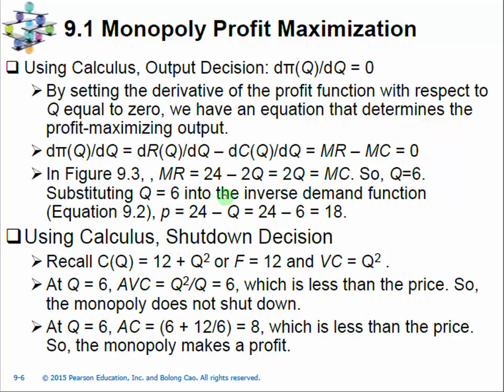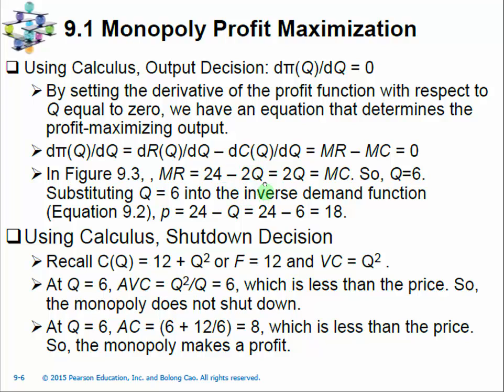To put them together, we have 24 minus 2Q, which is the marginal revenue, equal to 2Q, which is the marginal cost. And then all we have to do is plus 2Q on both sides of this equation. Then we have 24 equal to 4Q.